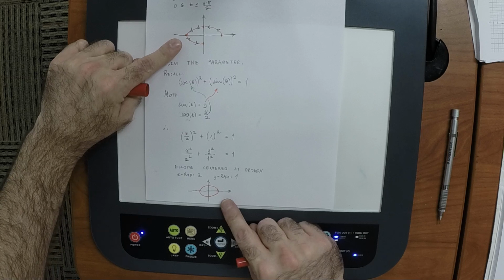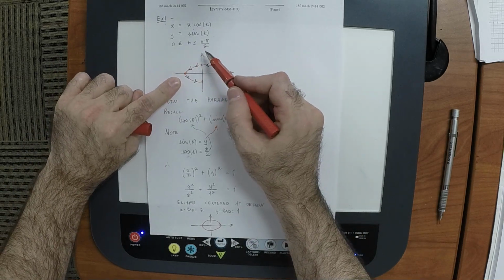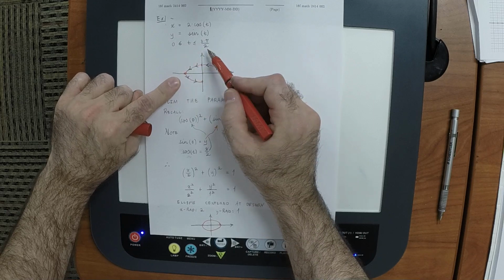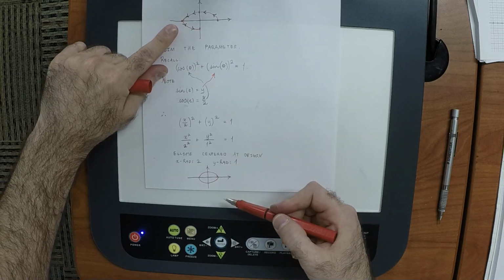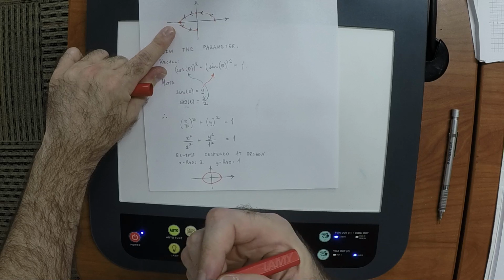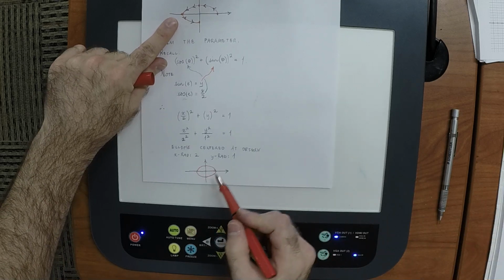Why not? Yeah, because of the boundaries on the parameter. The parameter was only between 0 and 3 pi over 2. So when you eliminate the parameter, you also, in some sense, eliminate your access to that knowledge, right? So now you don't know.